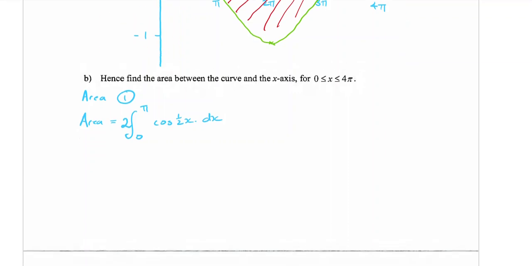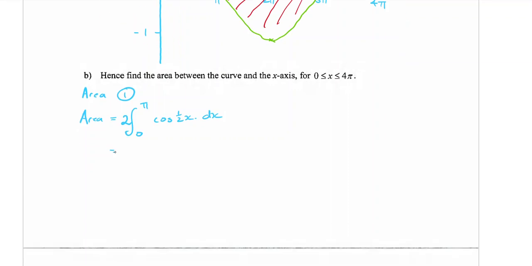All right, here comes the integrating trig part. To integrate the cos of half x, I need the derivative of the function out the front. Do I have that? No.